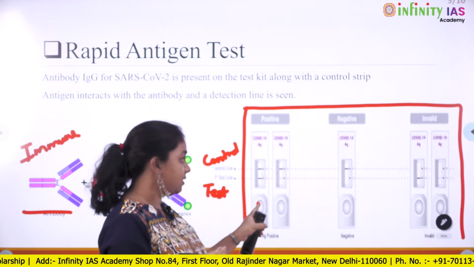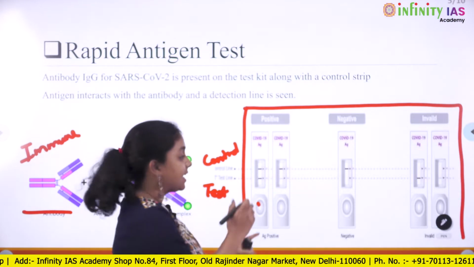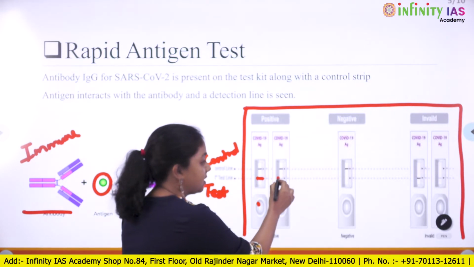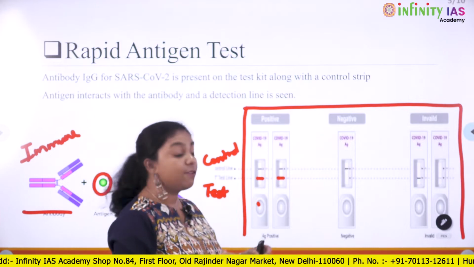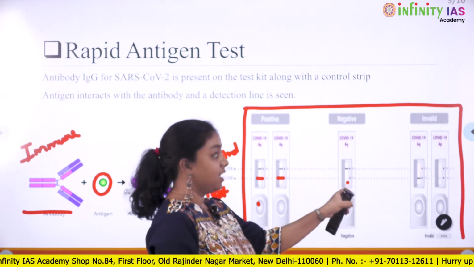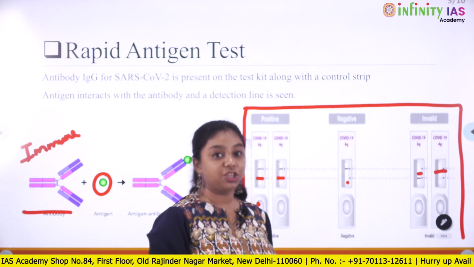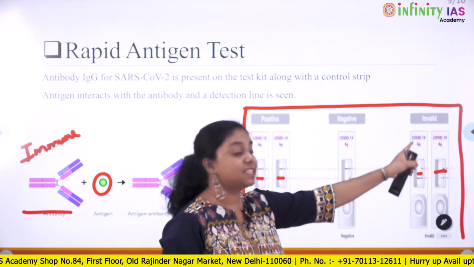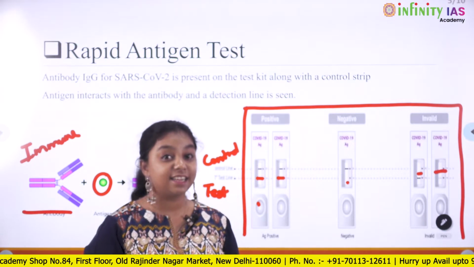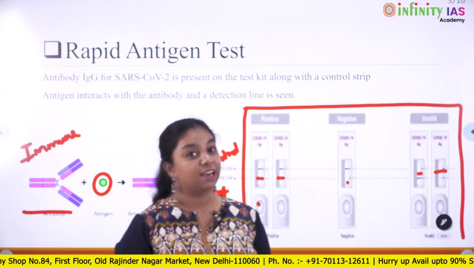It is kept here and then it transmits to the test line, and the test line will show a result if you are positive. If you are not positive, that means you are COVID negative, there is no test line. However, if the control line is absent by any chance, that means the test is invalid. You have to take a new test again, or you have to go for RT-PCR.